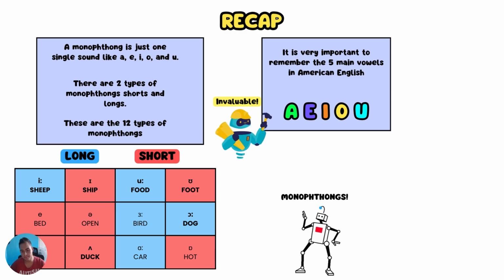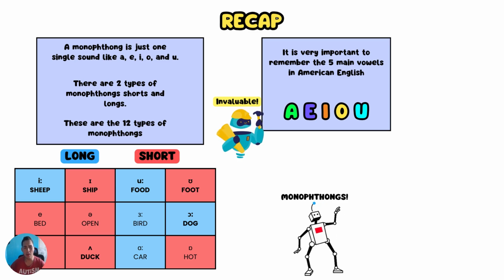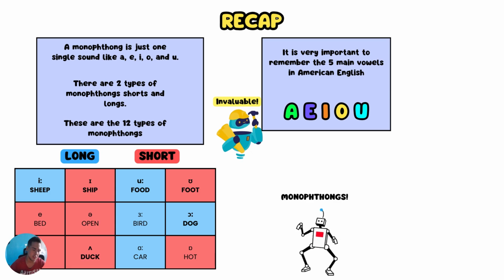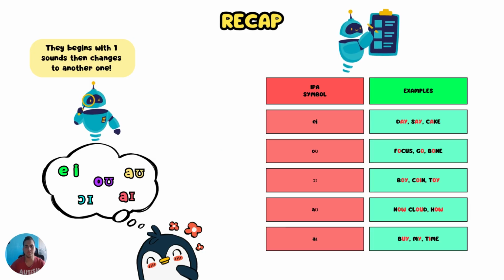And also, if you want to check the pronunciation, I highly recommend the Oxford Dictionary. We continue with the recap. Diphthongs are sounds that begin with one sound and then change to another sound. Here we go again. We have the examples and the recap and everything. You can pause the video.